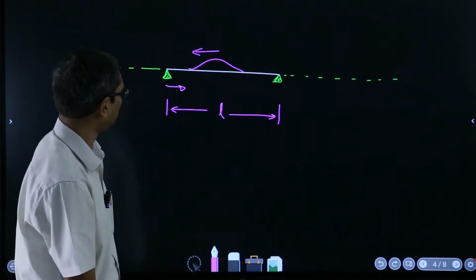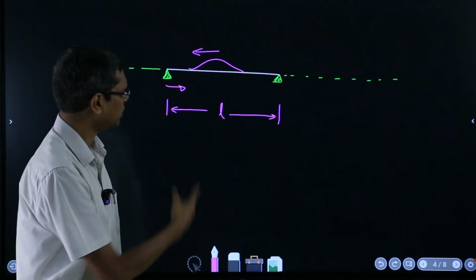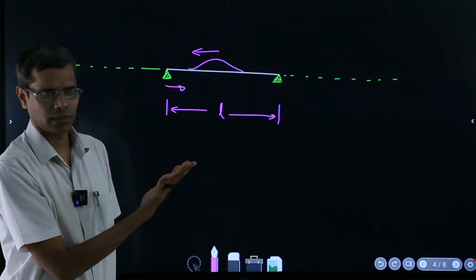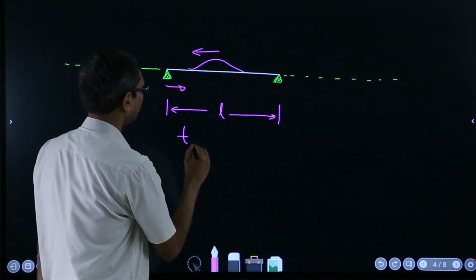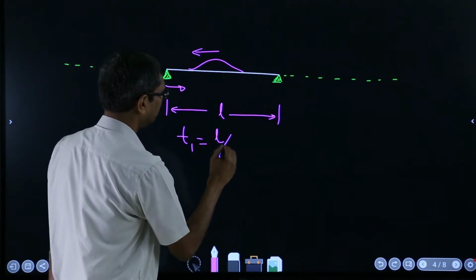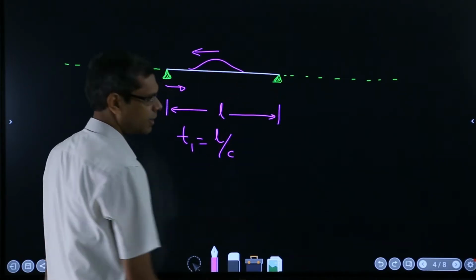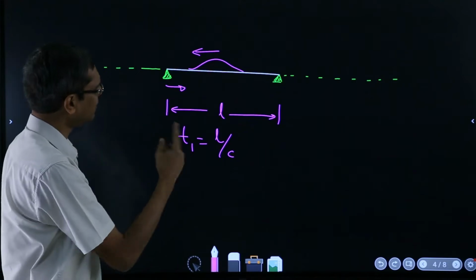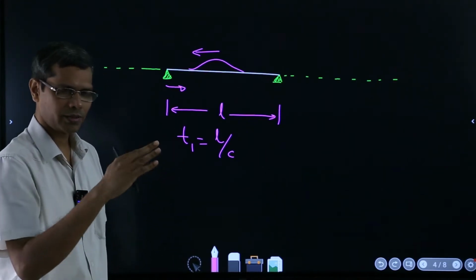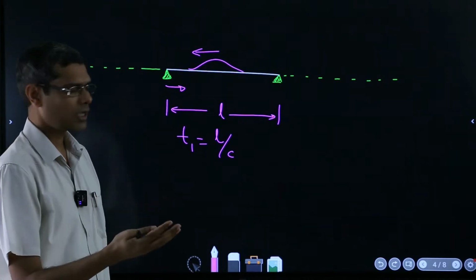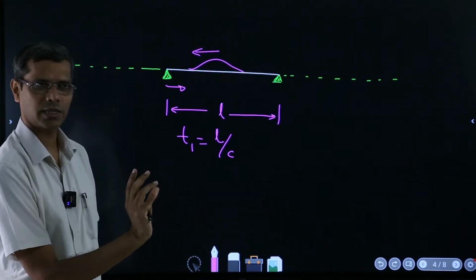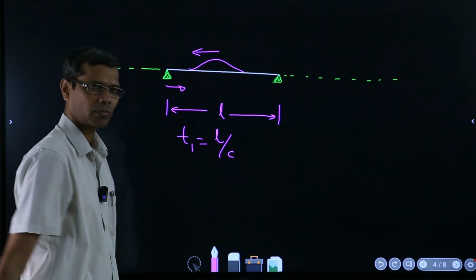So it will take how much time to reach there? L over C, right? So the time is L over C to reach that point, and the same thing will happen there. It will again be reflected back, both phase wise and shape wise, and come back.